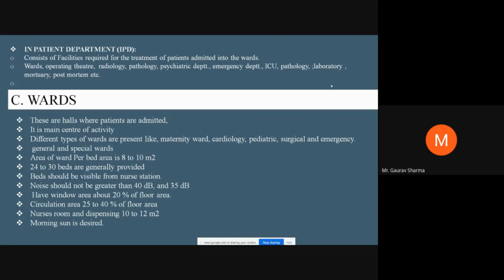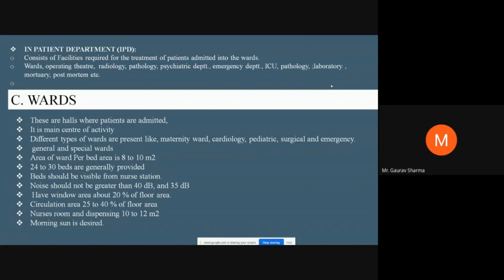Again, we have different wards, such as the maternity ward, that is related to the birth of a child, and cardiology, pediatric, surgical, emergency, etc. So we have different types of wards, and each ward requires its own facilities. It is the main center of activity because most patients are admitted by the hospital department, and their relatives and friends, whom we can call visitors, may come into this area frequently.